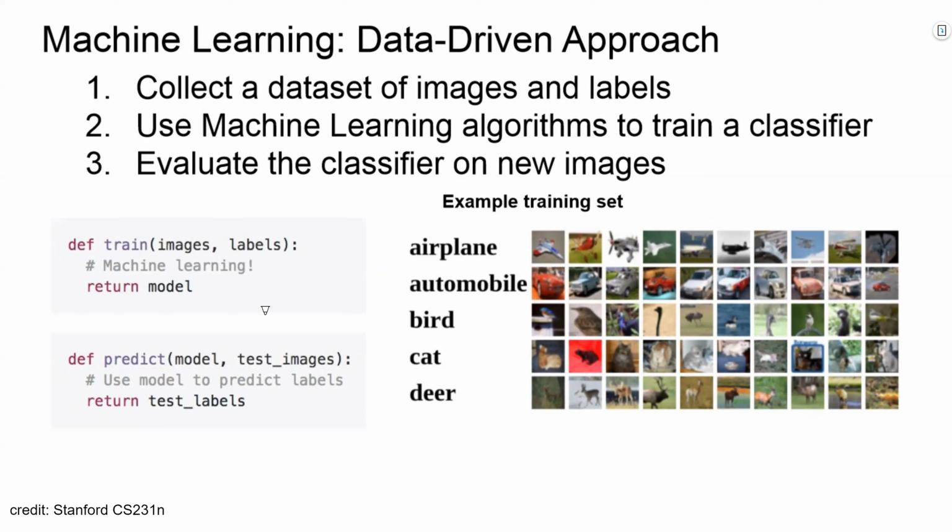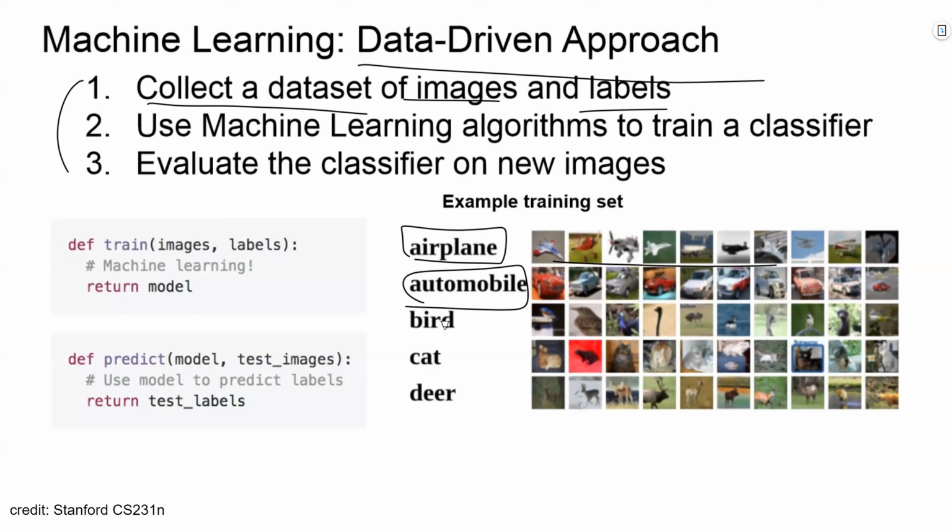And people came up with this idea, machine learning. Rather than hard coding our algorithms, what about just using data-driven approaches? In summary, what we want to do is collect a large data set, images and labels. An example data set looks like this. For airplane, we collect a lot of images like this. For automobile, we do the same thing. For birds, cats, deer, we collect a large number of images.